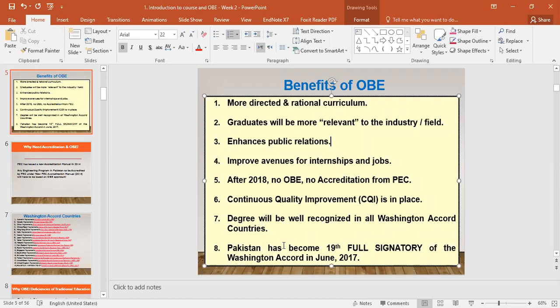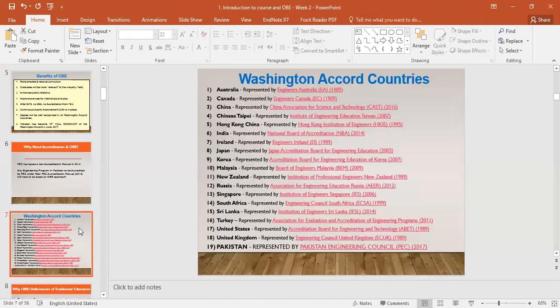So degrees will be well recognized in all Washington Accord countries. This is the point. This means that our graduates are eligible, or acceptable, in all Washington Accord countries.